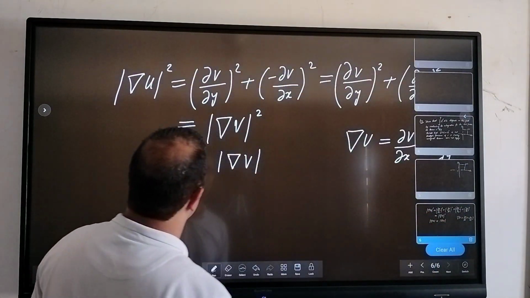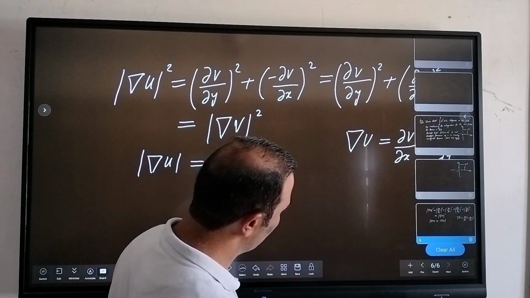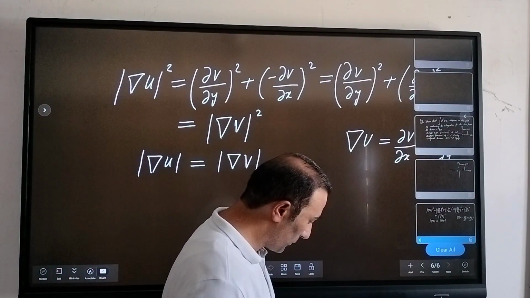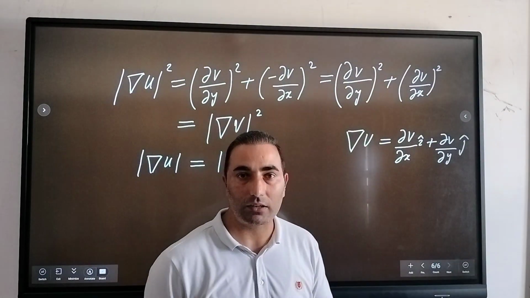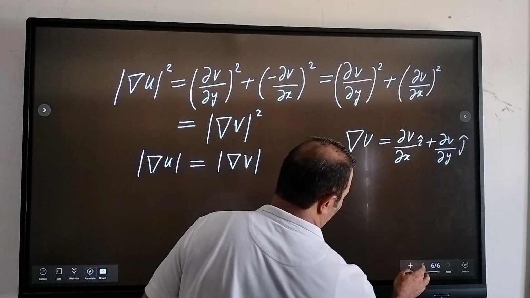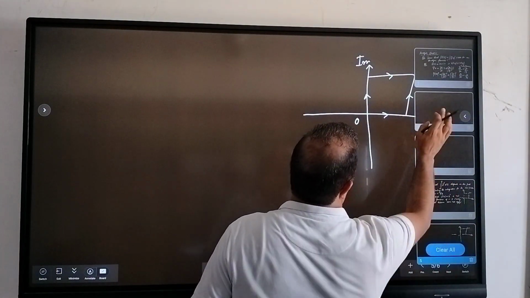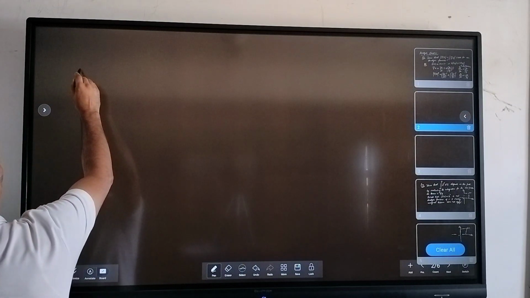We have proved that this nabla u square should be equal to this, right? So this is what we have calculated. Now further, if we consider some function, I will take one more example.